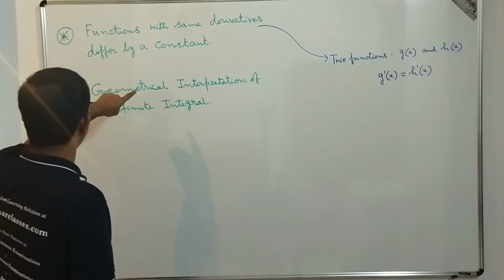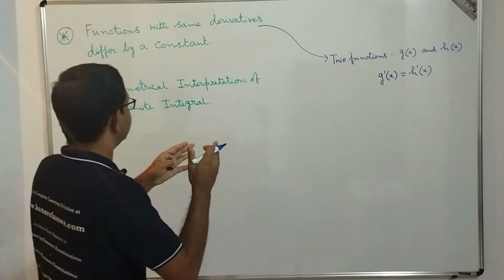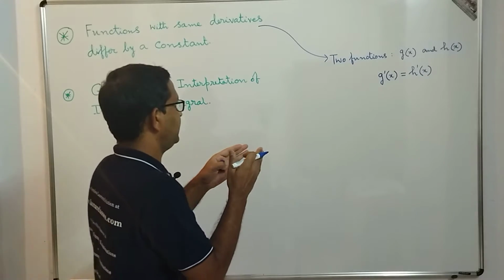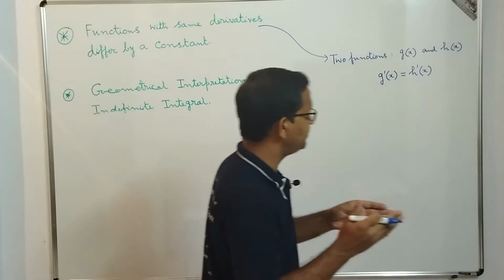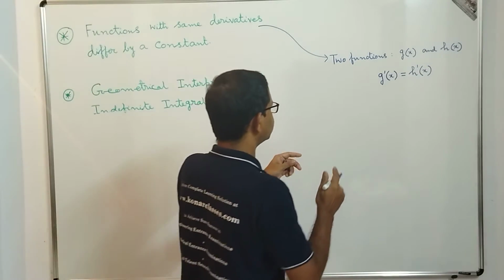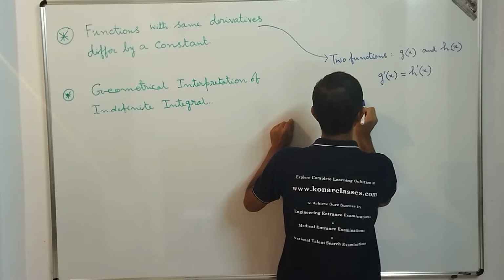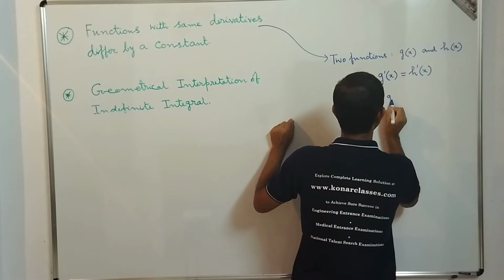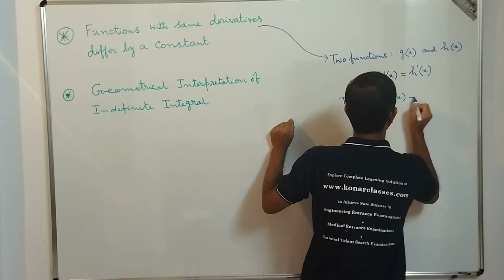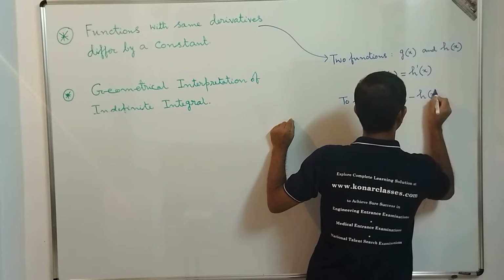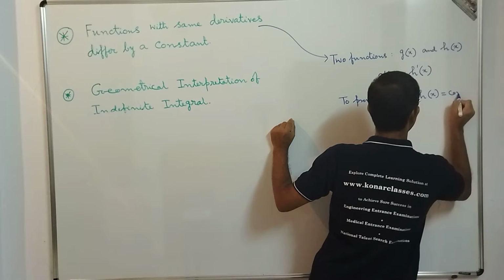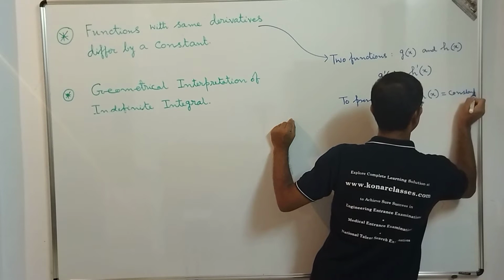Now we need to show that they differ by a constant. That means we need to prove that g(x) minus h(x) is equal to a constant.